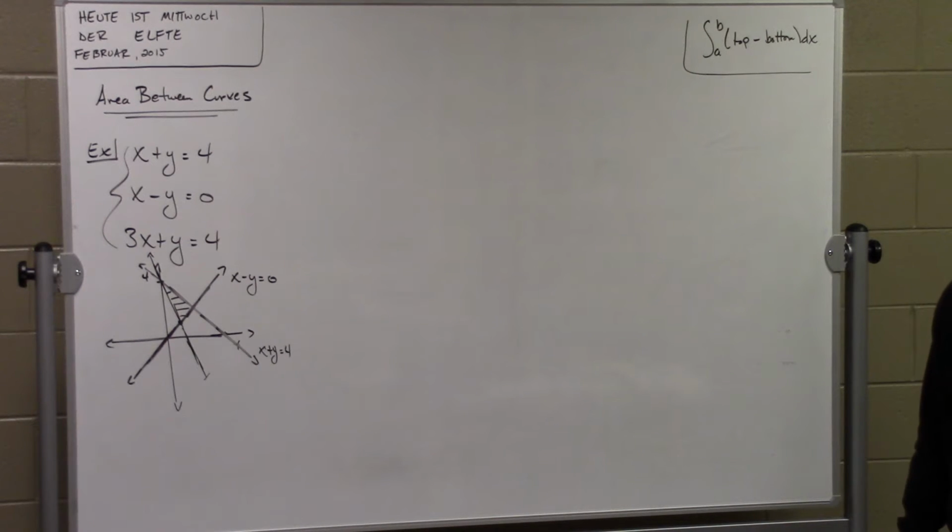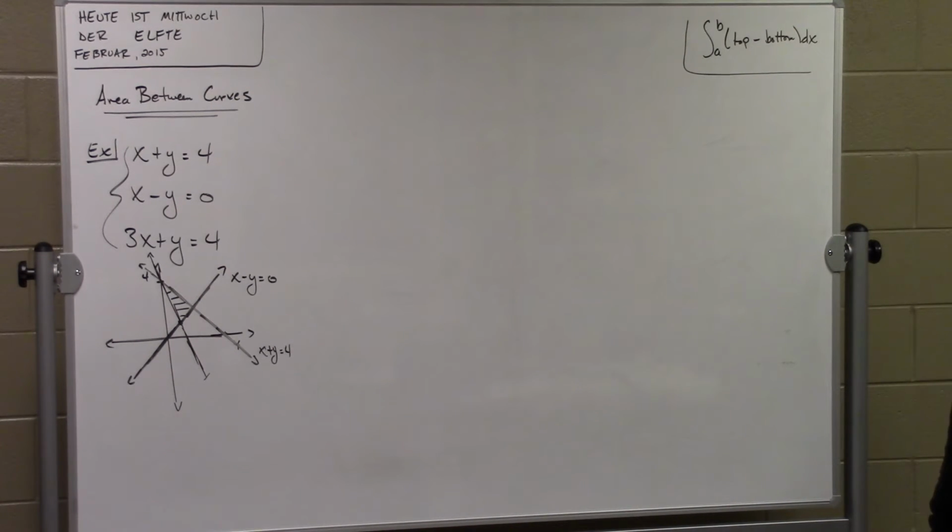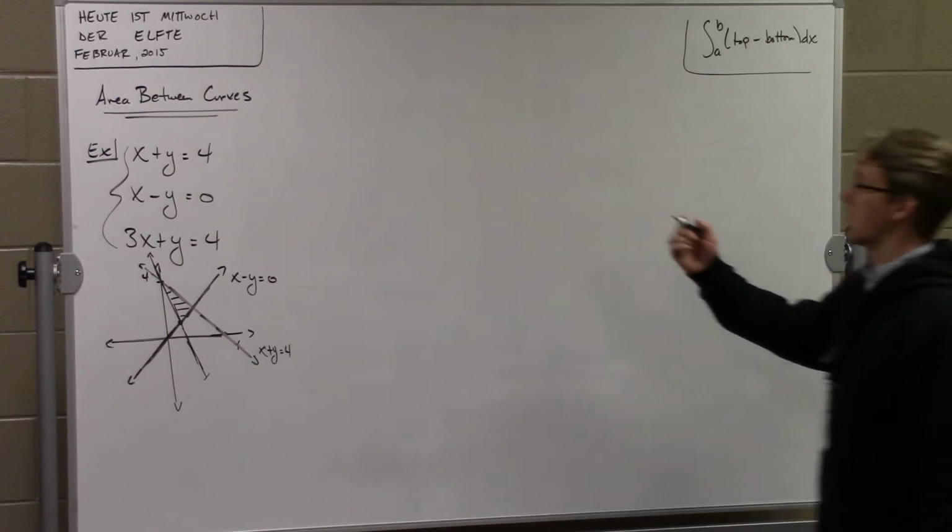It is a triangle, so just find the base and height, 1/2 base times height. That's the geometry approach. Do you want to do that first, or the calculus first? Calculus.